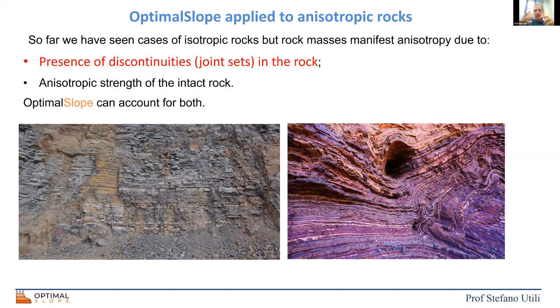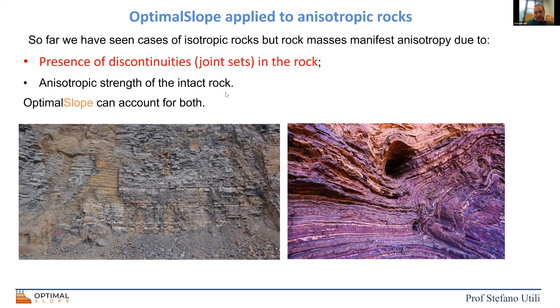We know that the behavior of rock is anisotropic, and these are, one, the presence of discontinuities. So you may have different joint sets. Typically, you'll have several joint sets that make the rock mass anisotropic. What I have in mind is that the strength of the rock mass is anisotropic.